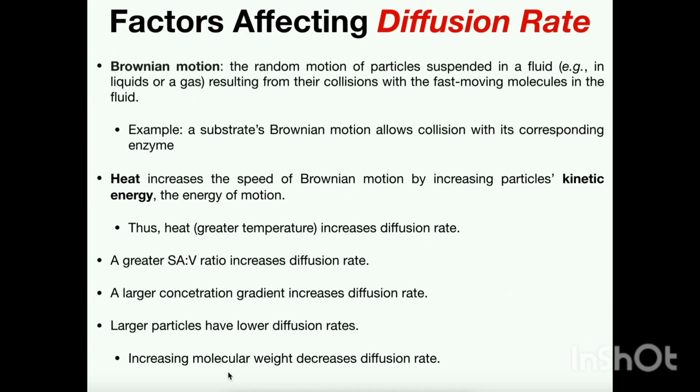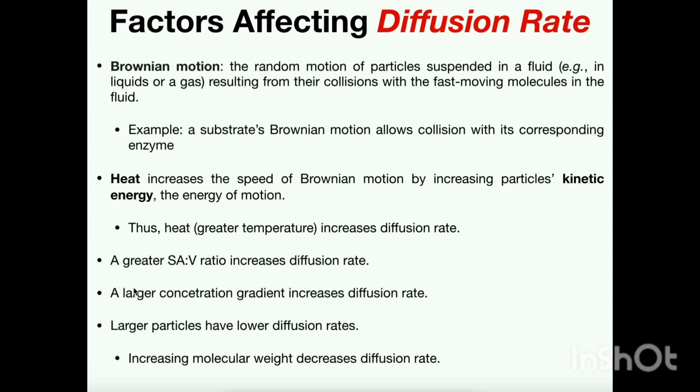So hopefully this video gave you a good understanding of the factors that affect diffusion rate, and we have 4 of them. We have molecular weight, the concentration gradient, the surface area to volume ratio, and last we have heat. And what we saw was that molecular weight and diffusion rate were inverse of each other. So increasing molecular weight actually lowered the diffusion rate, but all other 3 of these were a direct relationship.